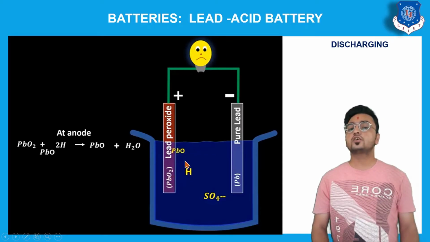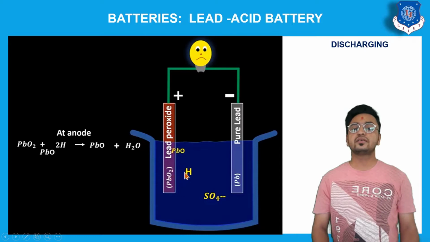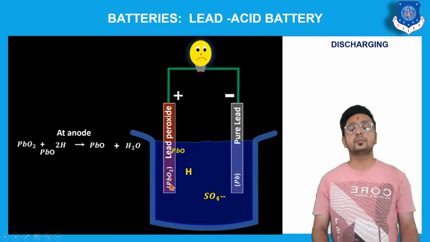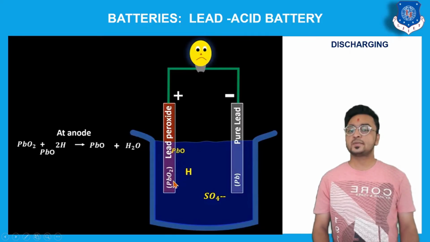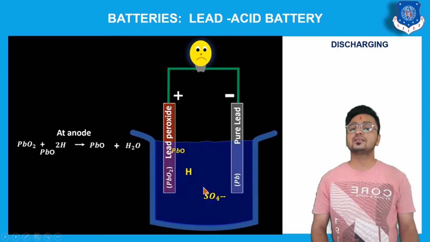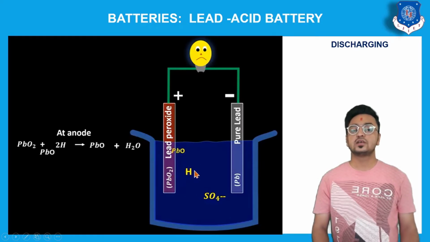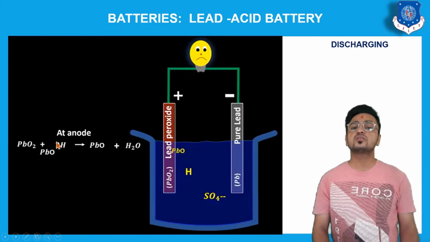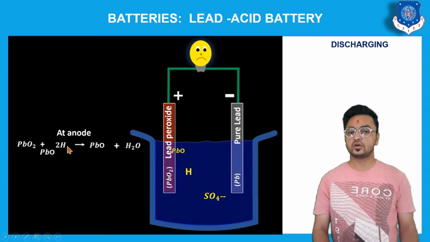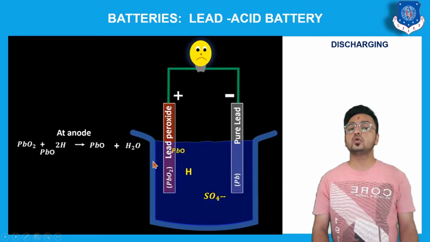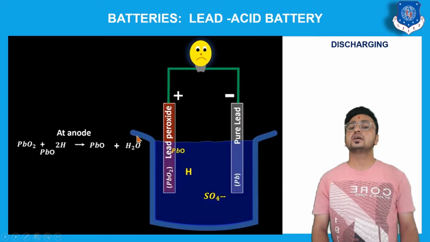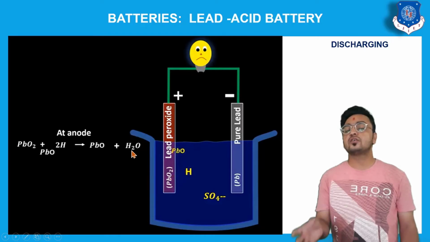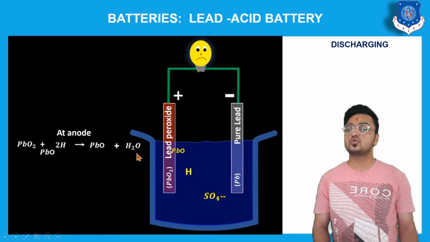These hydrogen molecules will react with the PbO2 plate. As I mentioned, we are getting two hydrogens, so these two hydrogens react with PbO2 to form PbO, and it will also create water, H2O.